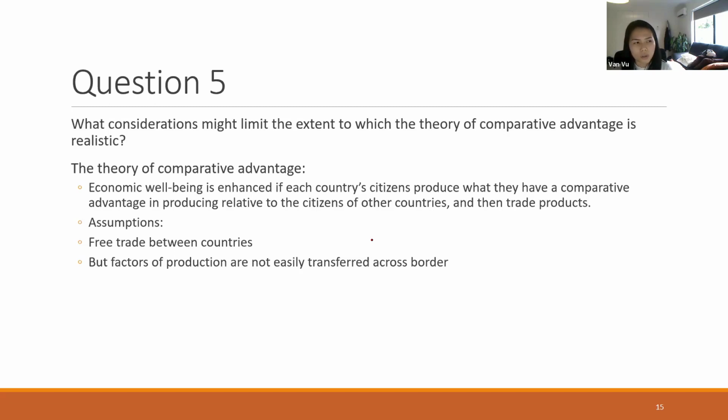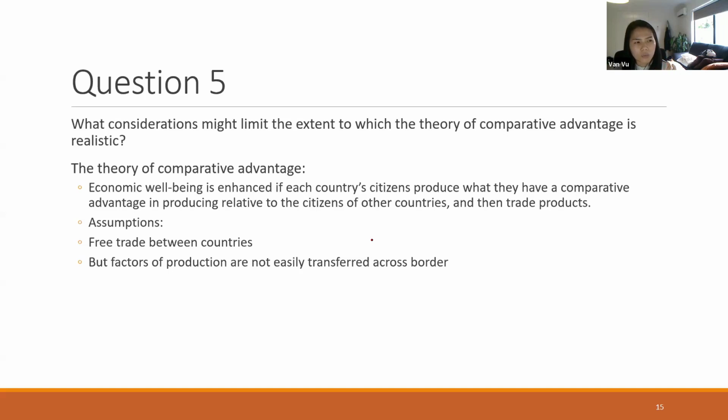So I'll be most efficient about producing that product. Similarly, for my neighbor country, if they specialize in what they are good at, they will produce that goods at the lowest cost possible. So they will be the most efficient at that goods.